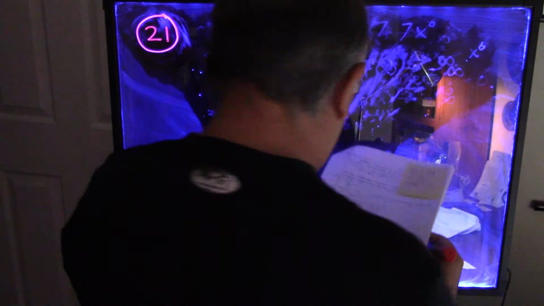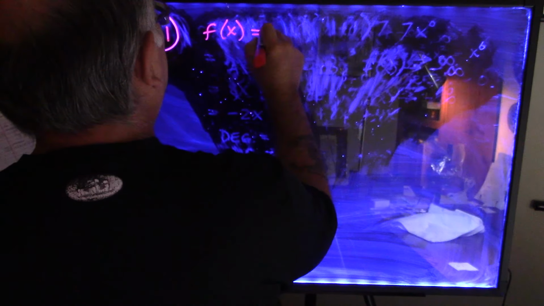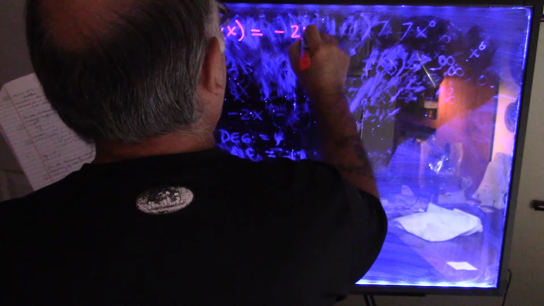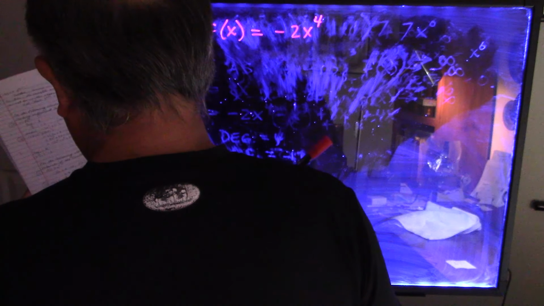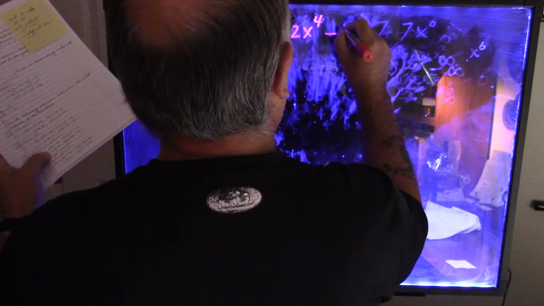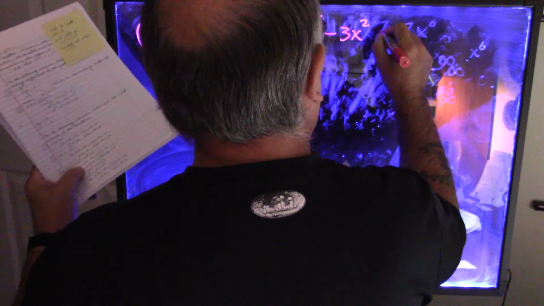Number 21, we have f of x equals negative 2x to the fourth minus 3x squared plus x minus 1.